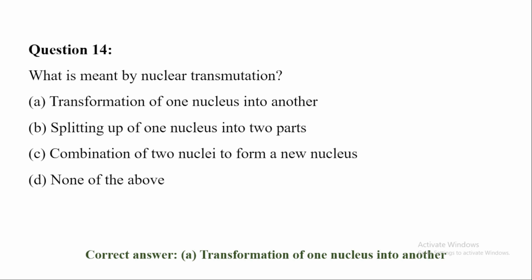Option B, splitting up of one nucleus into two parts. Do you know what it is called? It is also a phenomenon. Do you know the name of that phenomenon?